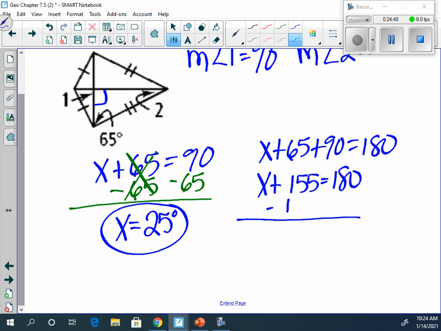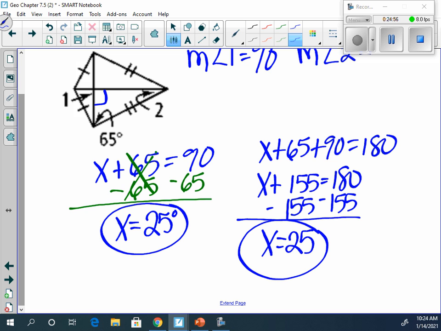And here, if we subtract 155 from 180, we get that x is equal to 25 degrees still. They will be the same. Any questions on this here?